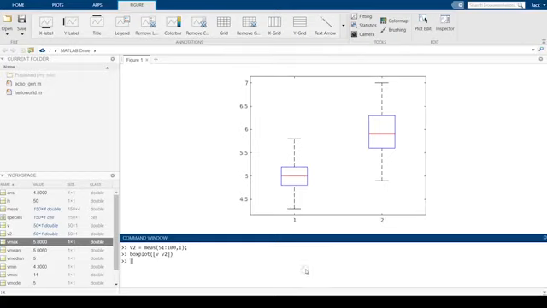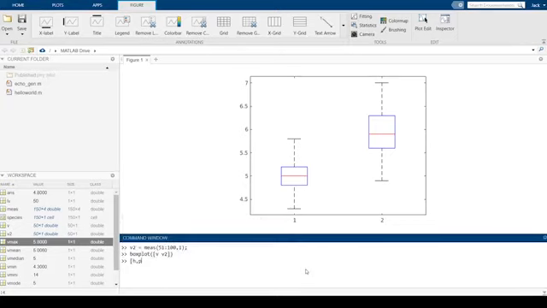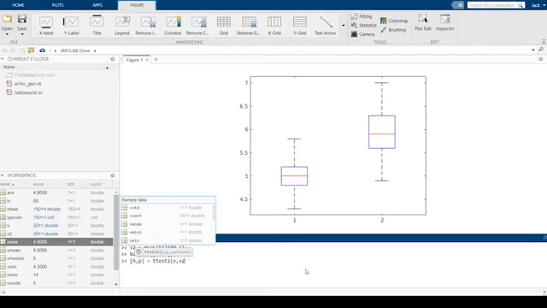Thus, a t-test returns h equal to 1 if the p-value is less than 0.05, which means we reject the null hypothesis that the means of the distributions for V and V2 are equal. Otherwise, it returns h equal to 0, if p is greater than 0.05, and we cannot reject the null hypothesis that V and V2 are drawn from distributions with equal means.